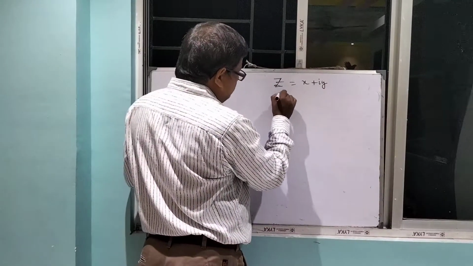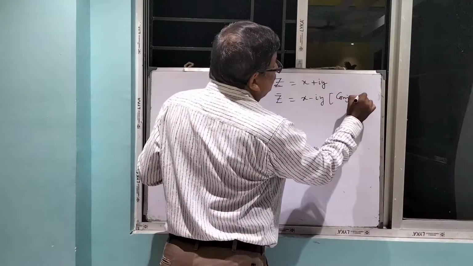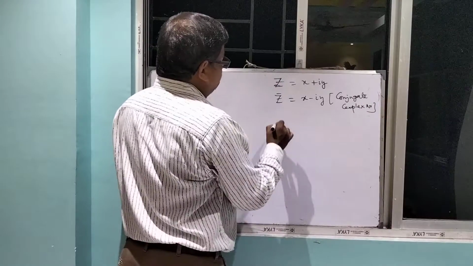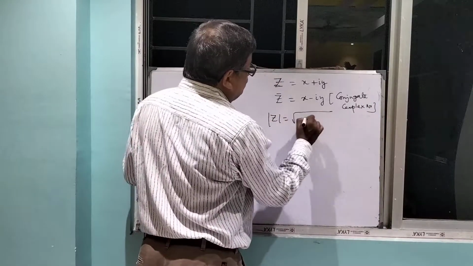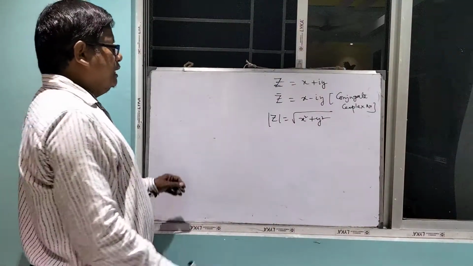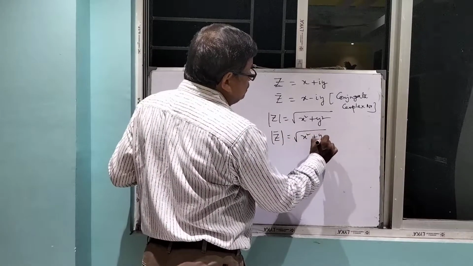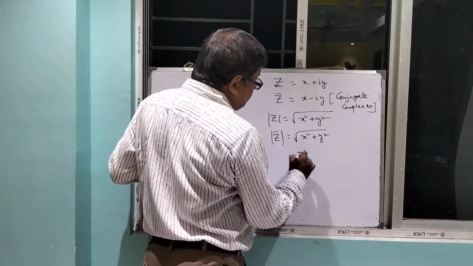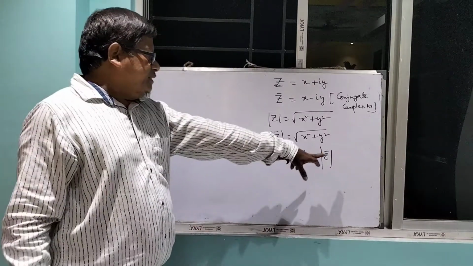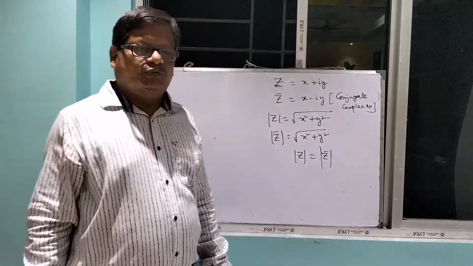Then Z bar, X minus iY, is the conjugate complex number. The modulus of Z is root under X squared plus Y squared, and mod Z bar is also root of X squared plus Y squared. So you can write mod Z equals mod Z bar. This is no change; it is always the same.